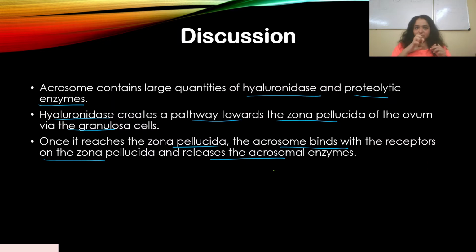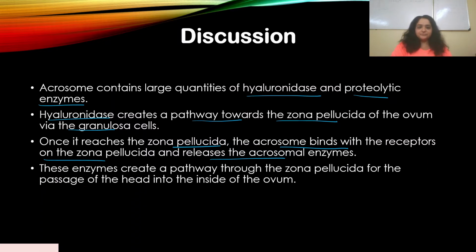So it will bind onto that and release the acrosomal enzymes. These enzymes create a pathway through the zona pellucida for the passage of the head into the inside of the ovum. That is when meiosis 2 is completed to form a mature ovum, right? So yes, this is the function of the acrosome in a sperm.